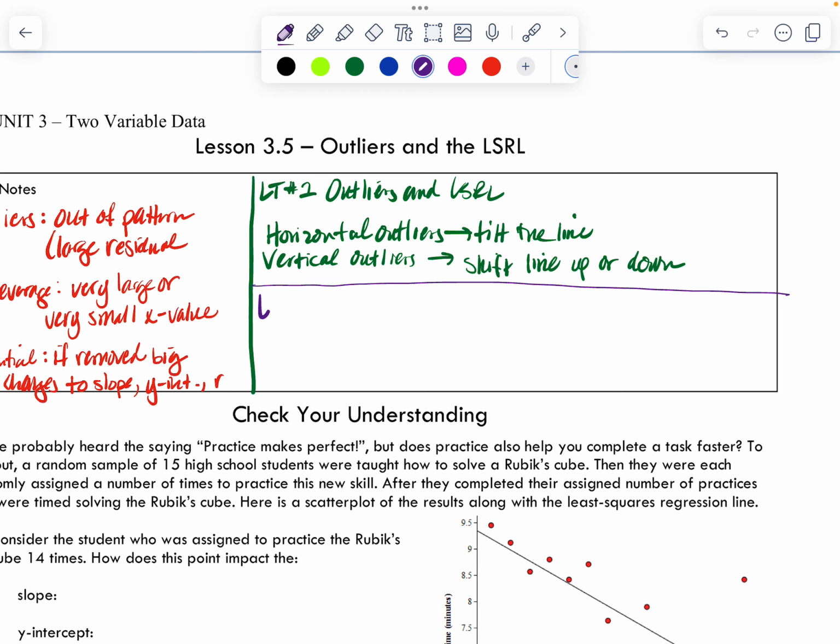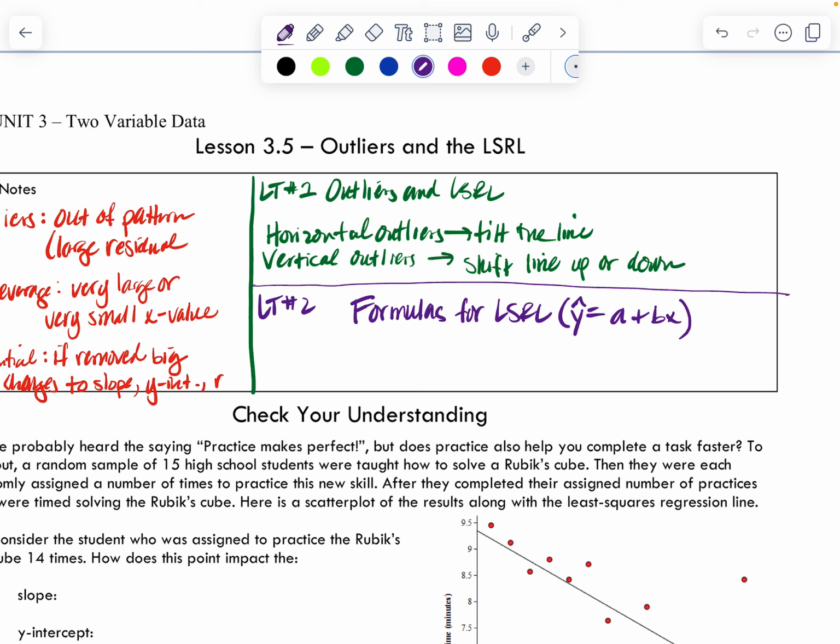And then learning target 2, we haven't looked at this yet. This is using the formulas for LSRL. So formulas to calculate the LSRL, these are formulas that will be given to you on the AP sheet. So it's y hat equals a plus bx. And these are formulas that allow you to find b and allow you to find a.